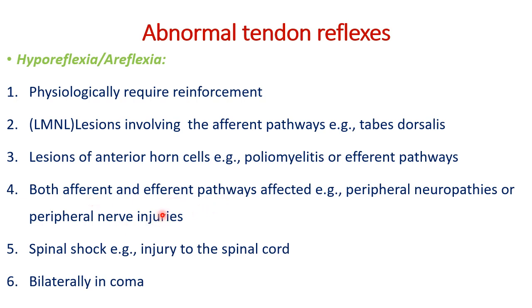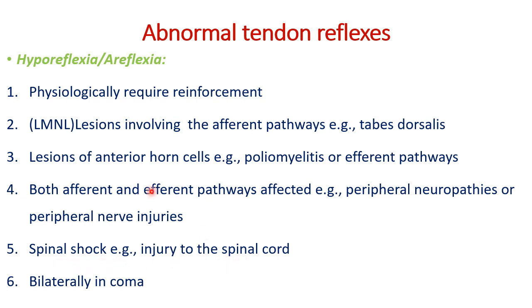So in these conditions, there is generally the unilateral loss of the reflexes. The reflex loss is also seen in the case of spinal shock, whenever there is injury to the spinal cord.